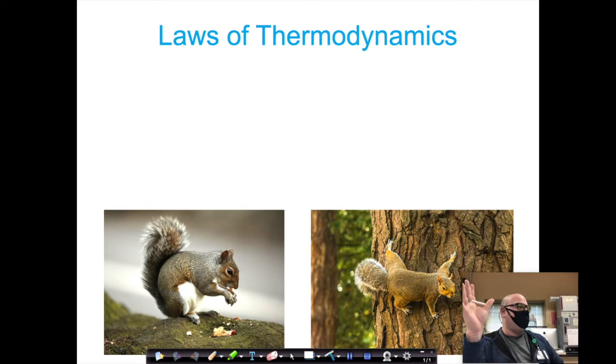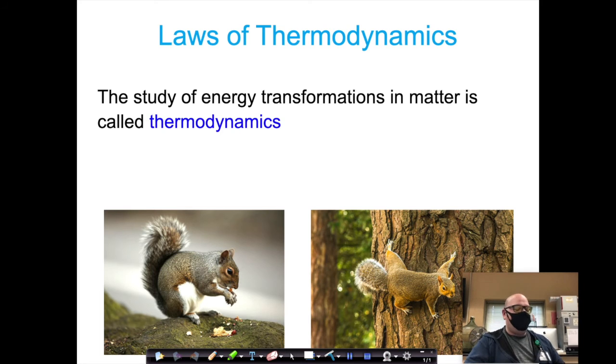That just says, if A and B are in thermodynamic balance, and B is in balance with C, then it's like arithmetic. Then C will be in balance with A. We're not going to worry about that one, but a couple of them that we're going to look at here. So thermodynamics, you just break the word down. Thermo is heat, dynamics is change. So how is heat changing?